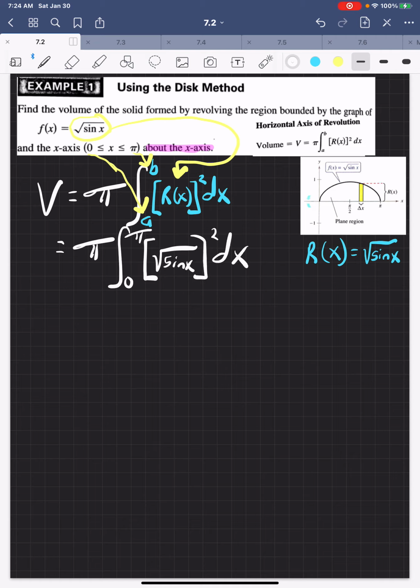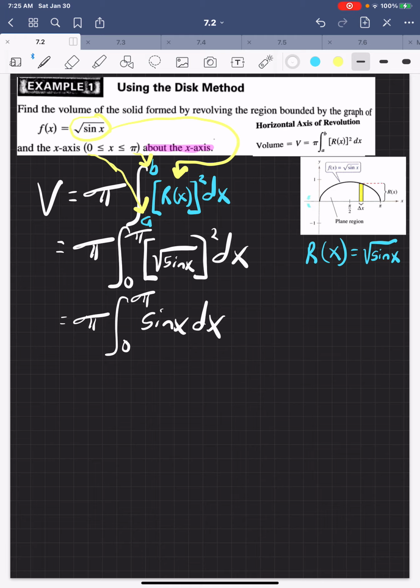I do need to see this work, and I do need exact solutions, right? So you can't just give me some decimal approximation of this volume. That's just not very interesting at your level of mathematics. So let's go ahead and square. Well, if you square a square root, you're just going to be left with sine of x, right? So pi, 0 to pi, sine of x dx.